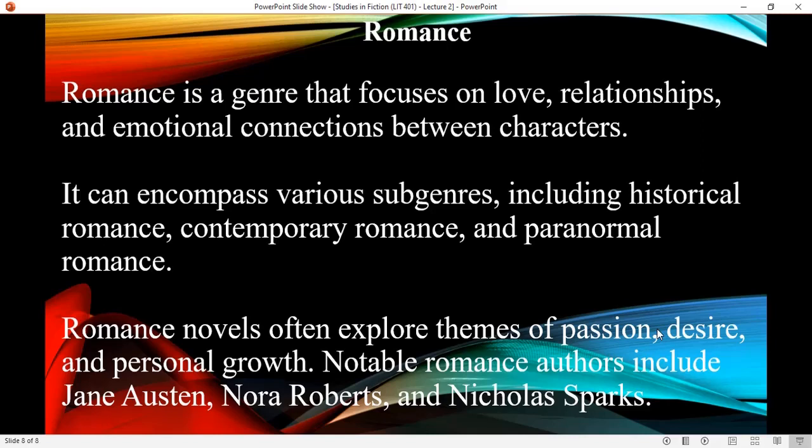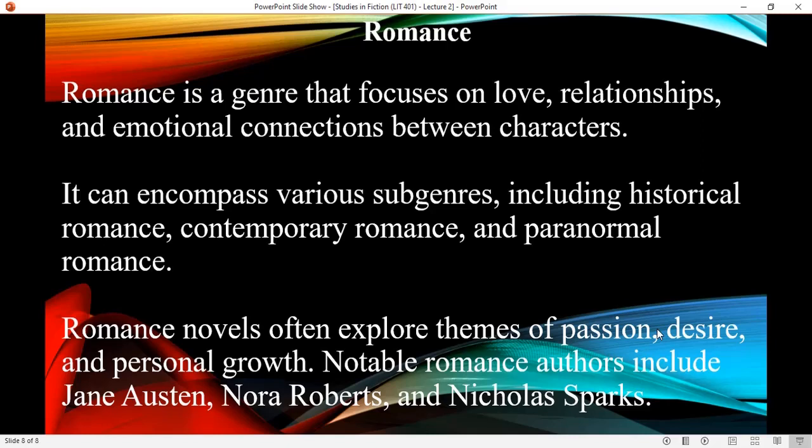It can encompass various subgenres like historical romance, contemporary romance, and paranormal romance. Romance novels often explore themes of passion, desire, personal growth. We can see examples of romance in the works of authors like Jane Austen, Nora Roberts, and Nicholas Sparks.